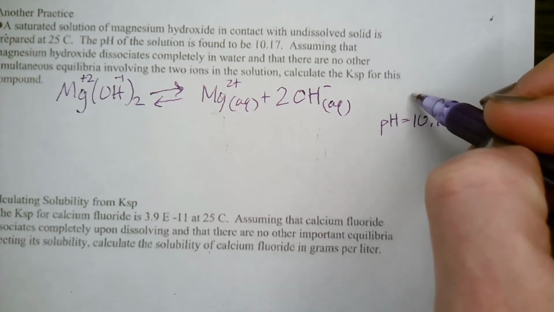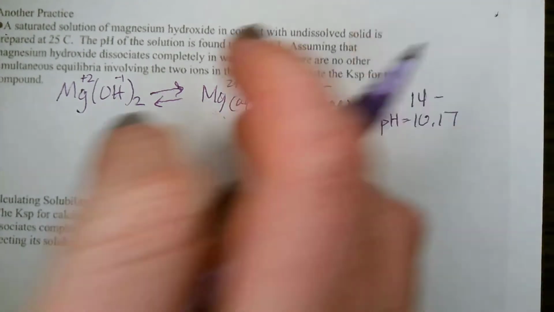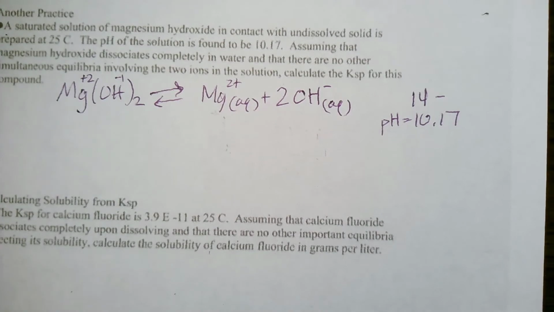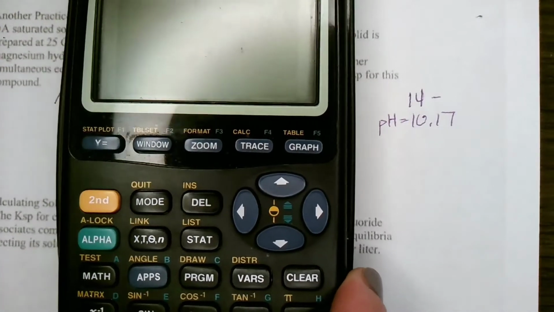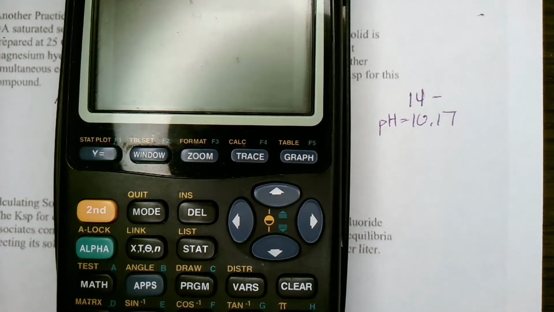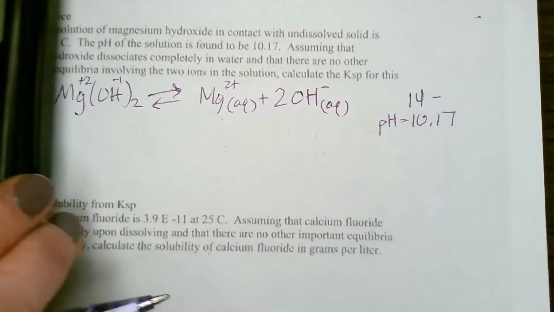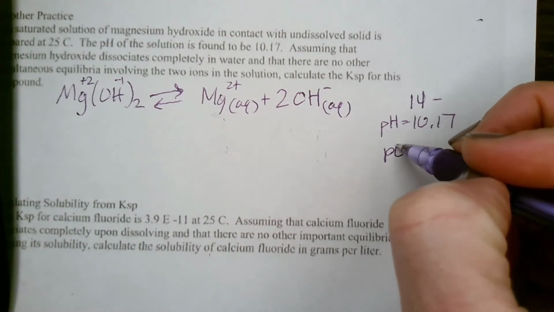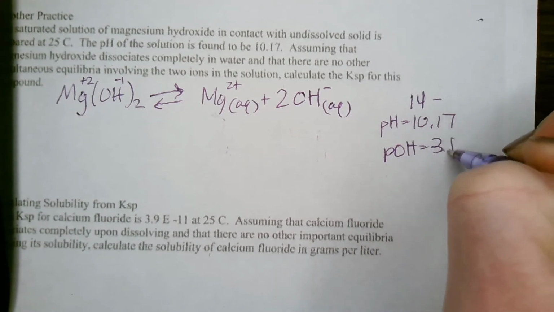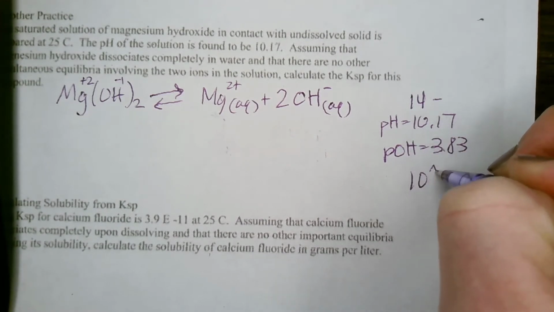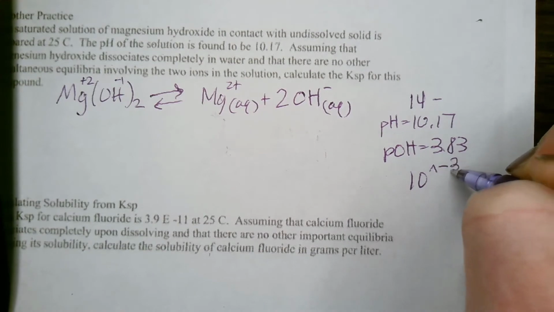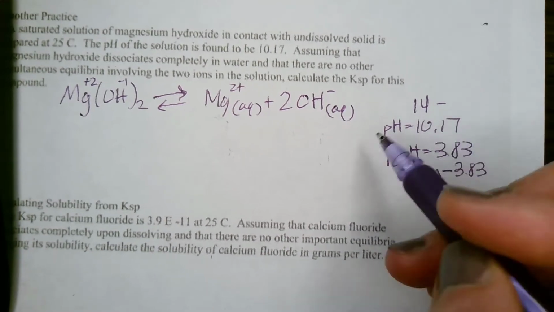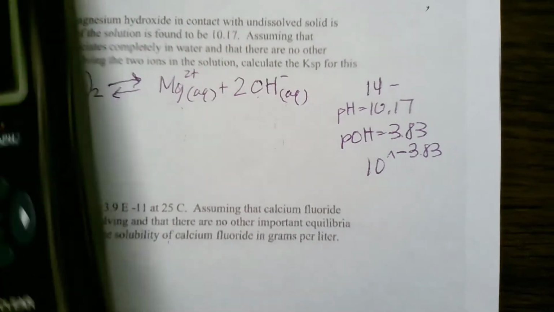If we do 14 minus 10.17, that'll give us our pOH. So our pOH is 3.83. So now we can do 10 to the negative 3.83 to get our concentration of hydroxide.